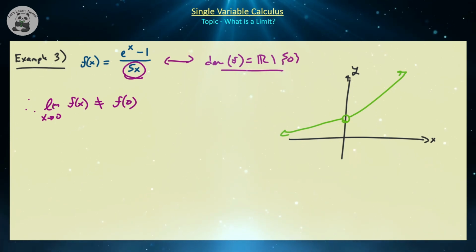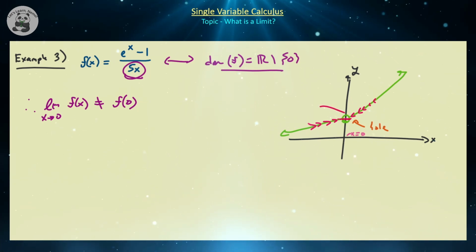It appears to look similar to the exponential function e to the x, but it obviously is going to have this hole there. But even though this function does have a hole at x equal to 0, the y values still appear to approach the same value from both sides. So whatever y value that is will be the limit of this curve, at least from the graph.